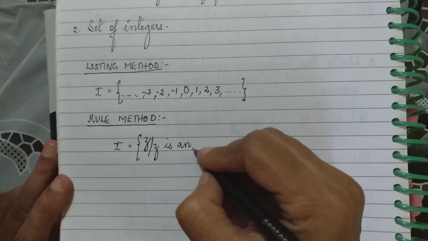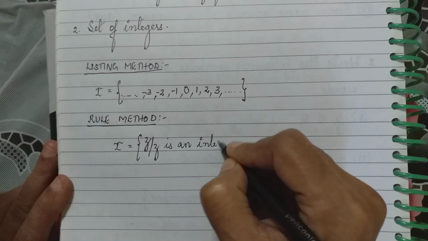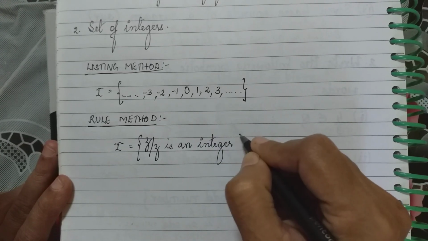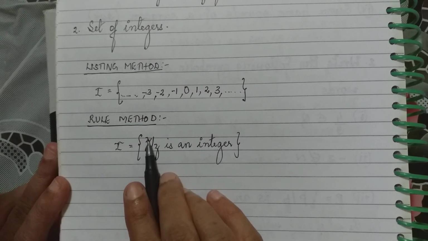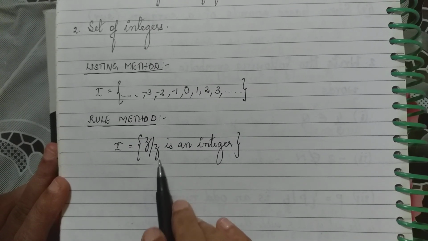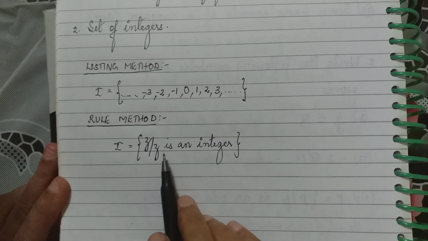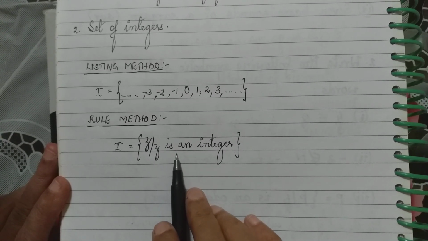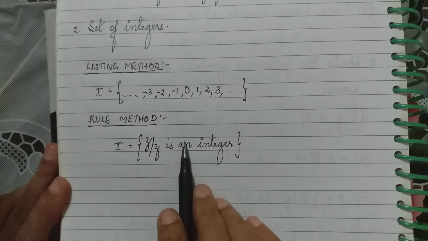It should be an integer. So Z is an integer. Or in other words, how we can write it? We can say I is the set of all Z such that Z belongs to I. Okay, we can use the symbol belongs to and write Z belongs to I.